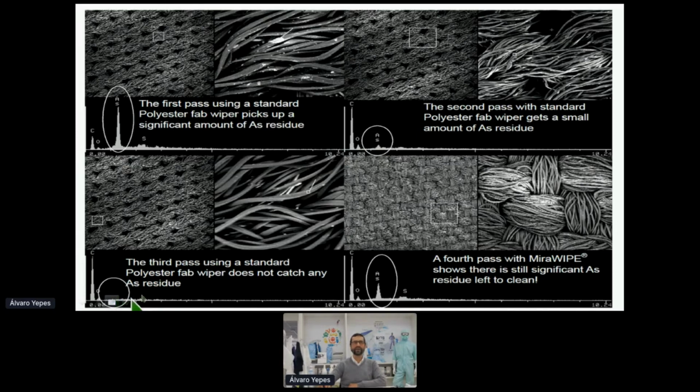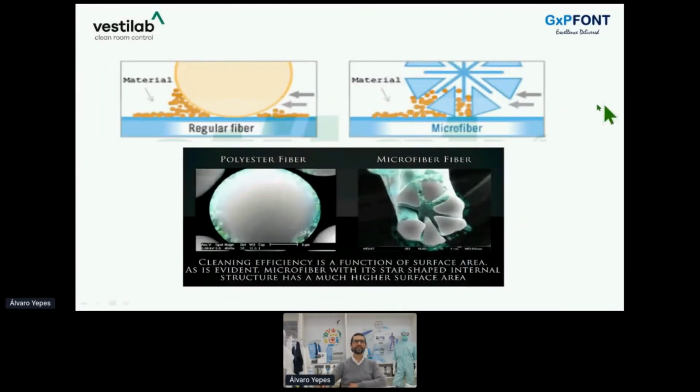And on that same area, we use the microfiber, and we can see that we can pick up material that was sort of hidden to the polyester. The reason for that is the structure of the fiber itself, in which microfiber has a lot of crevices that are capable of going deeper into the imperfections of the material, but are also capable of picking up more material per fiber.